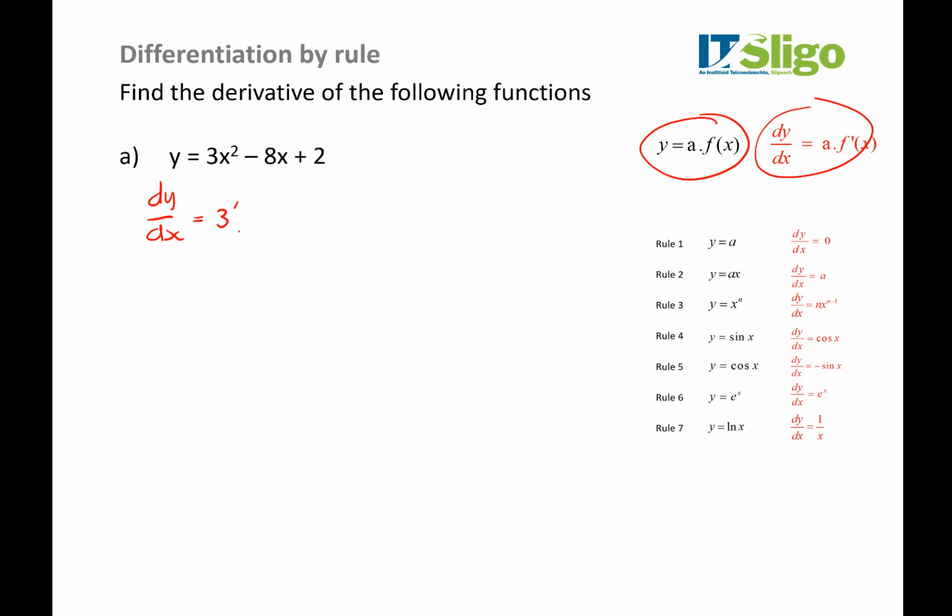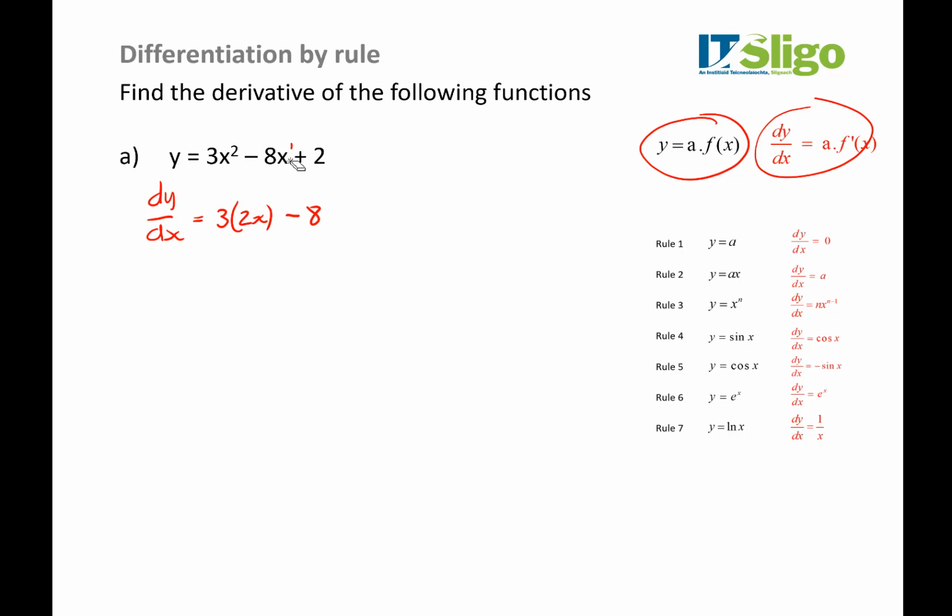I'm just differentiating the x squared. The 3 stays. Now 8. Now this is just rule 1. So when we differentiate minus 8x, it just goes to minus 8. That's rule 2.